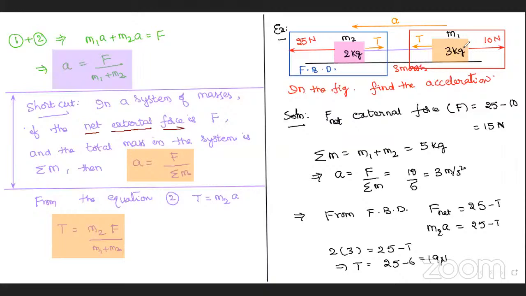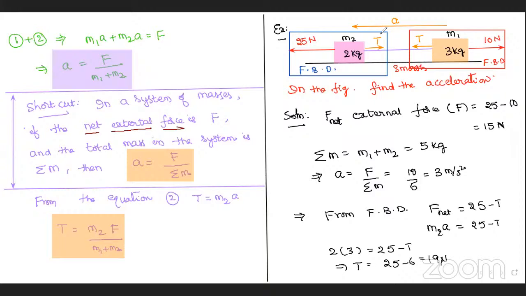This time again, two forces are there. So from this FBD1, Nana, it will come over. Right, good. Then Manikanta, here I have to write T minus 10 or 10 minus T?